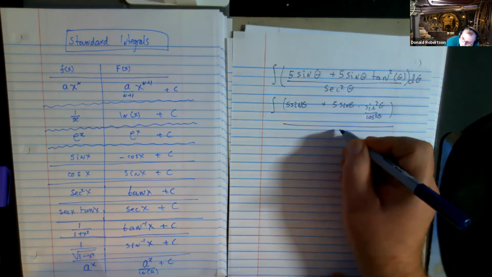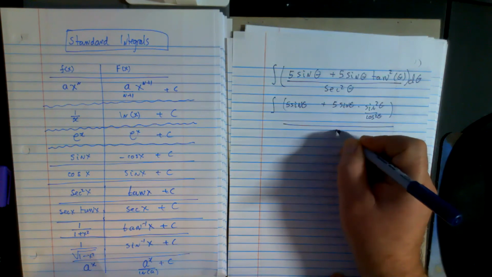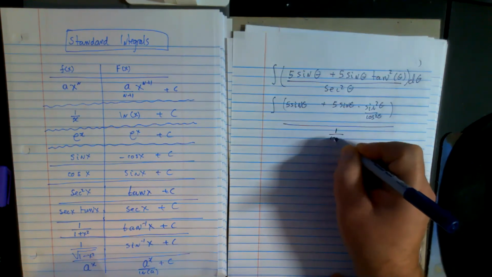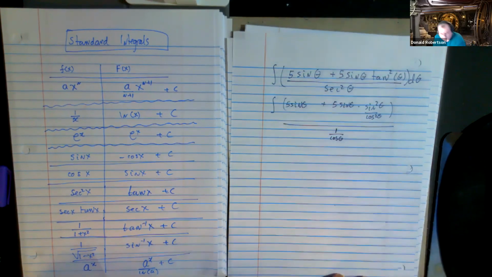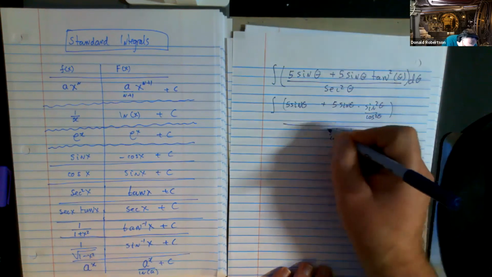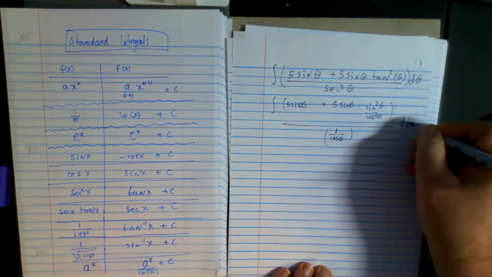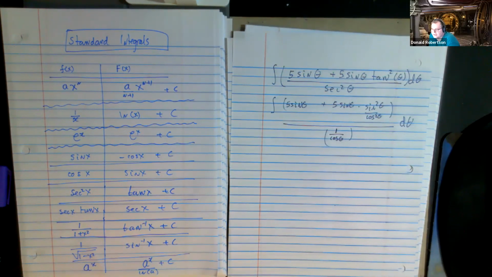What's a secant? Is it cosine over sine? That's a cotangent. But at least you tried. You might want to go back and look at some of the trig identities, what things can be turned into.